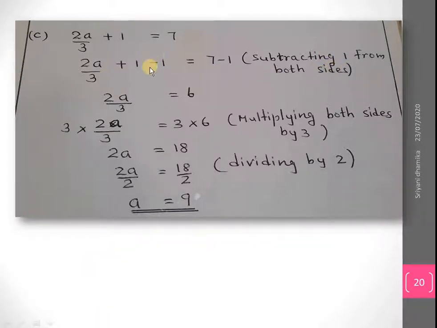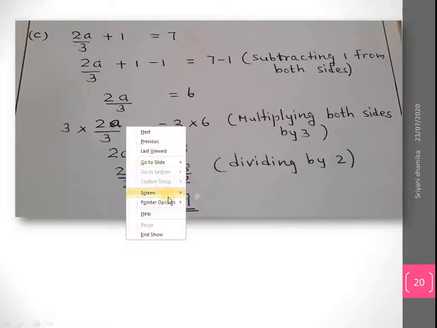Positive 1 and negative 1 can be cancelled. The remaining term is 2a over 3 equals 6. Now remove this 3 before removing this 2. So multiplying both sides by 3, the answer is 2a equals 18 because this can be cancelled.